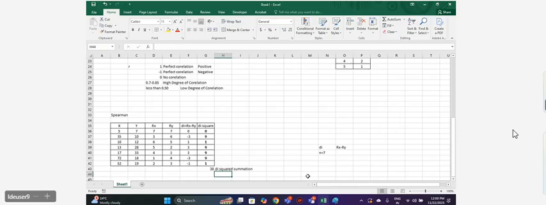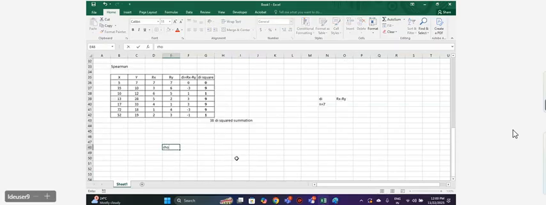Rho equals 1 minus, open the bracket, 6 times the summation of di square.